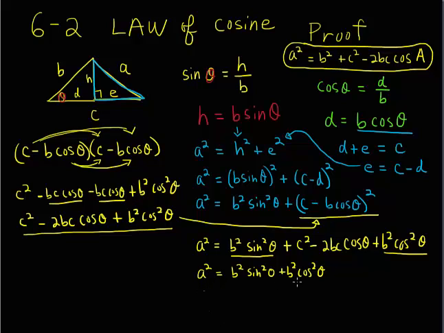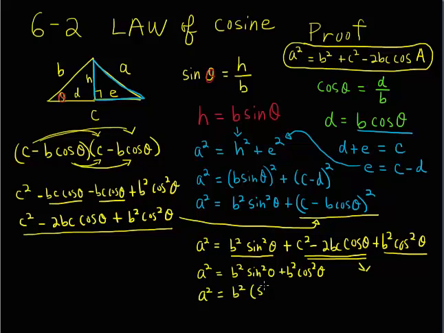And if you look at that, because this information hasn't changed yet, I don't want to repeat it again, but it goes over here, okay? But if you look at this right here, what do we get? We get b squared.